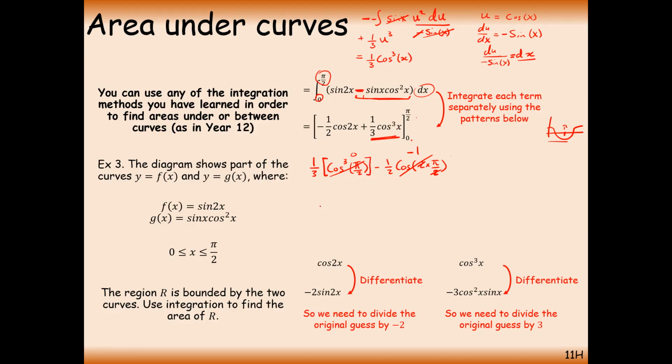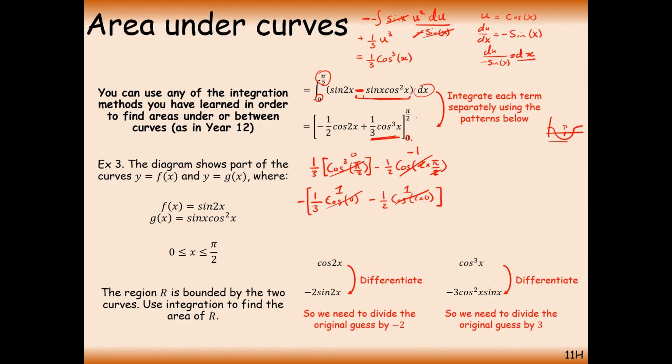Now we will subtract when we substitute 0 into this. So again, 1/3 of cos of 0. Cos of 0 will be 1, and we have a negative half. Cos of 0 again. 2 times 0 is 0, so this would be a half times 1 as well.